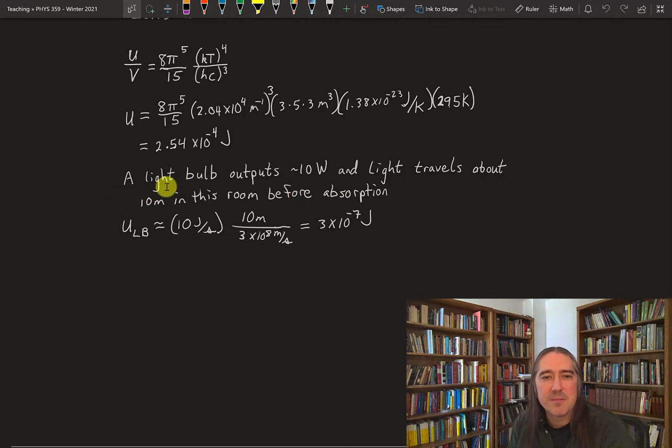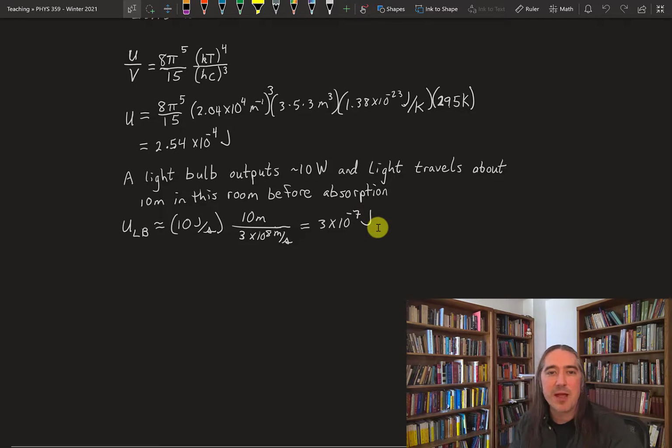Why do I need to know that? Well, because the power is joules per second, and I want to know roughly how long I'm integrating to know the ambient energy in the light field in the room. 10 meters over the speed of light, I'm not integrating for very long, right? So multiply this out. The energy in the light field in this room due to a light bulb is like 3 times 10 to the minus 7 joules, even less.